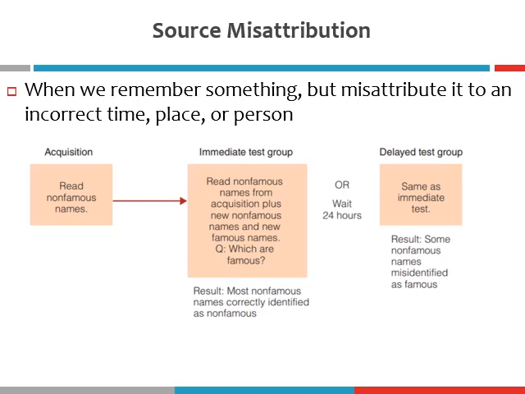However, there was a delayed test group where they were given the same task of indicating whether a particular name was famous, and they were shown old non-famous names, new non-famous names, and famous names, right? But in the delayed test group, the test took place 24 hours later, right? So in the delayed test group, some of the non-famous names were misidentified as famous, right?